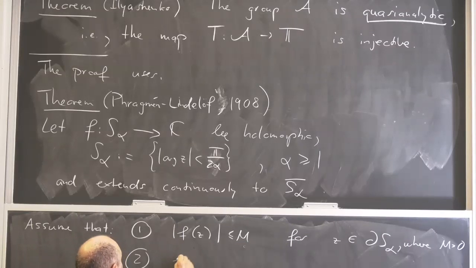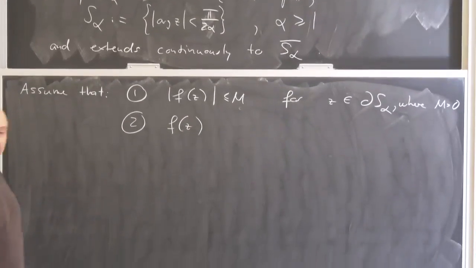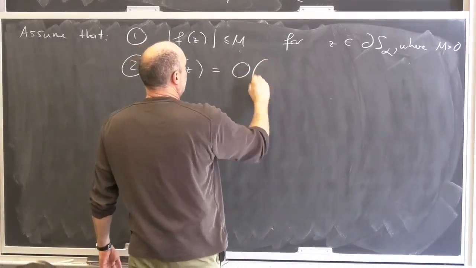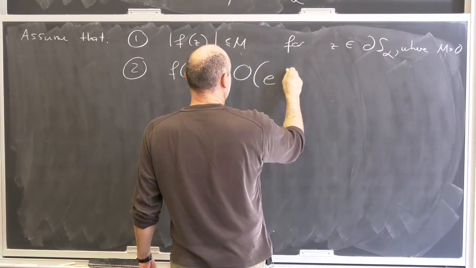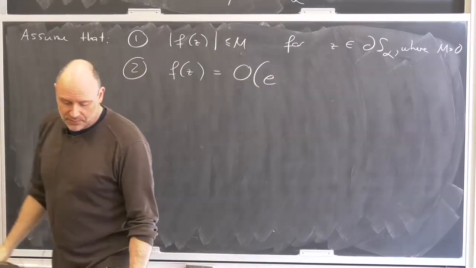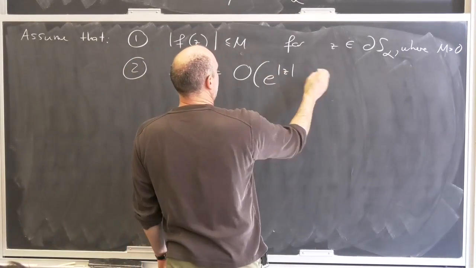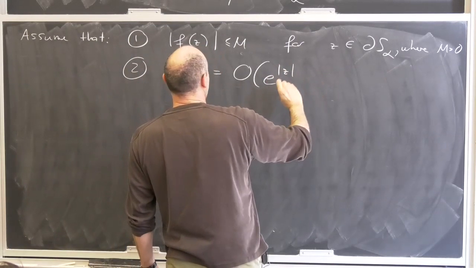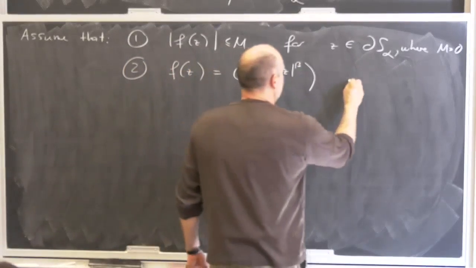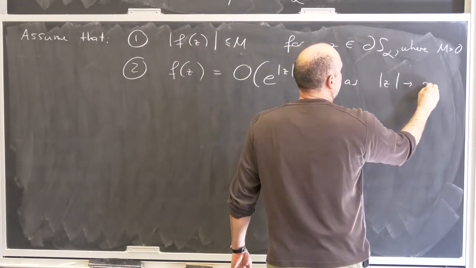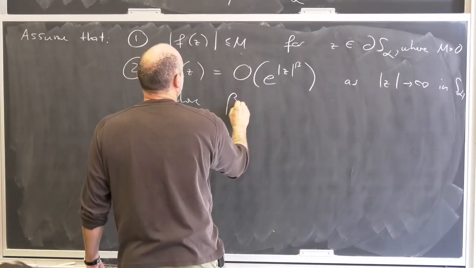So we're saying that as the modulus of z goes to infinity in the sector, it's bounded by e to the absolute value of z to the power beta, as z goes to infinity in S alpha, where beta is less than alpha.